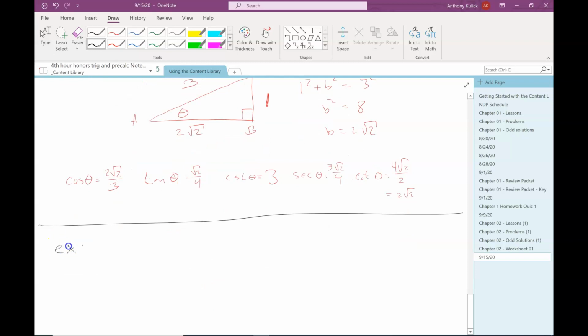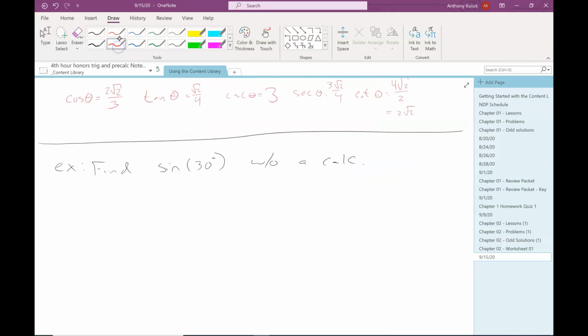Here's a throwback to geometry question. Find the sine of 30 degrees without a calculator. Do you remember how to do this? Or do you remember what you did to do this? So we're going to need to remember our special right triangle.